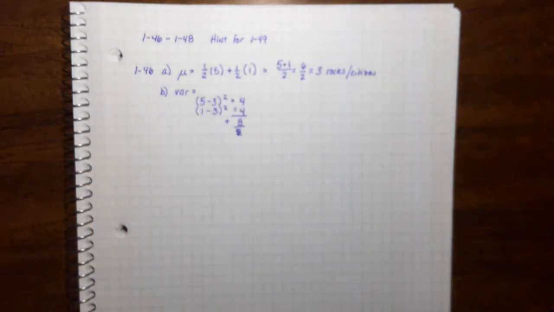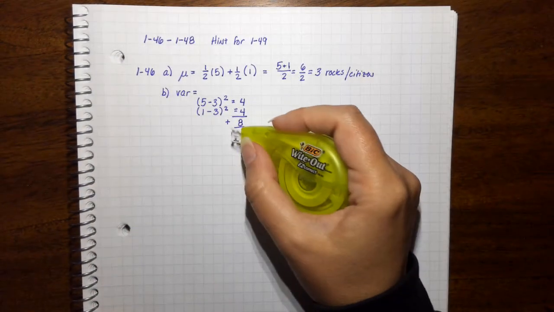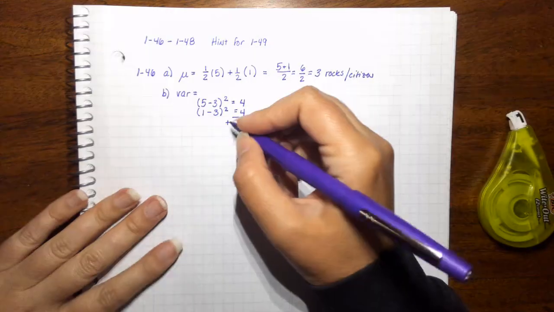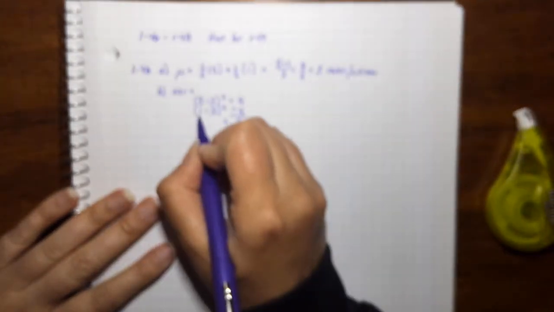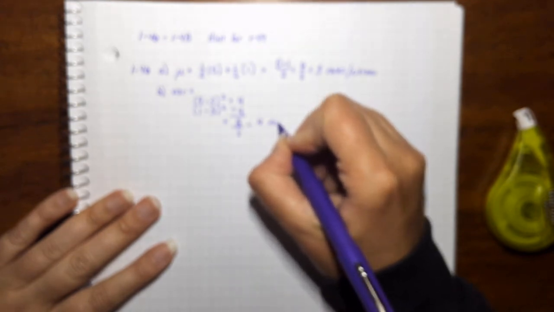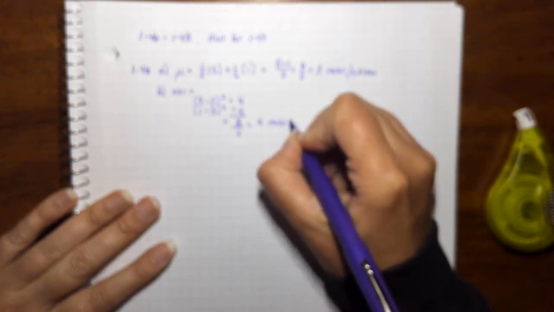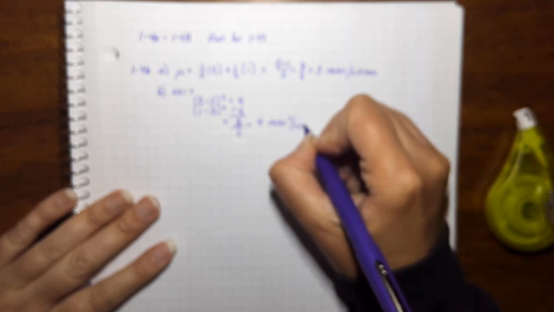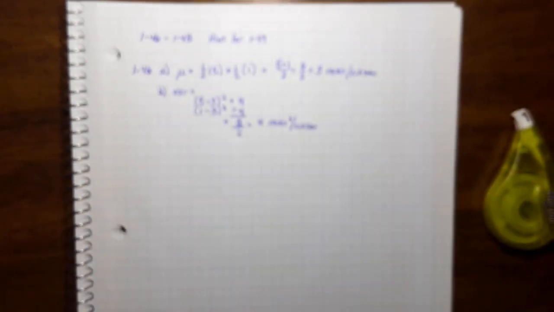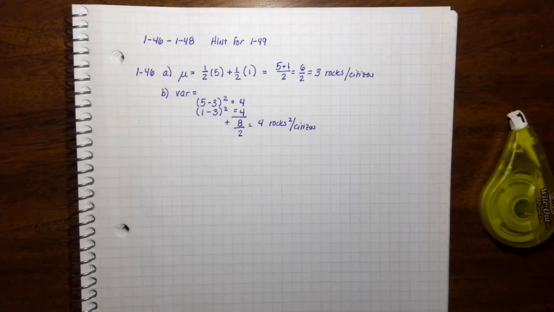I was going to do the answer there instead of the question. Divided by 2, because there were 2 values, the 5 and the 1, equals 4 rocks squared per citizen. So remember, we're working in variance, a little bit of a different units from standard deviation and the mean.